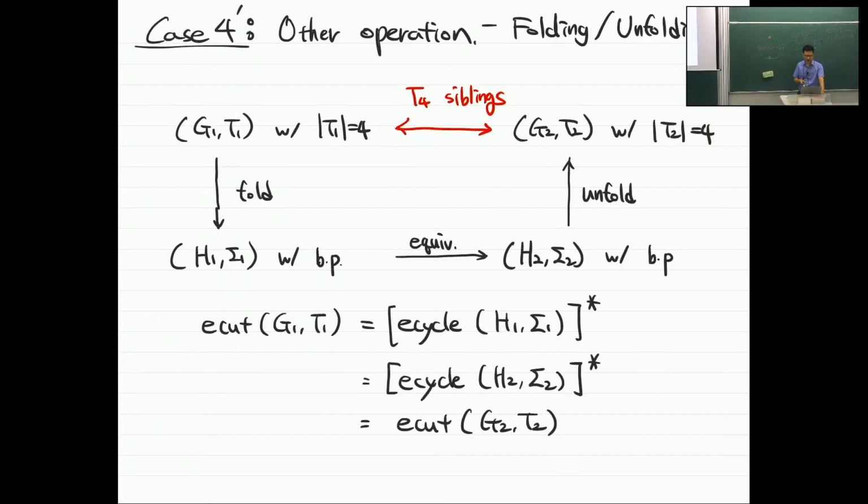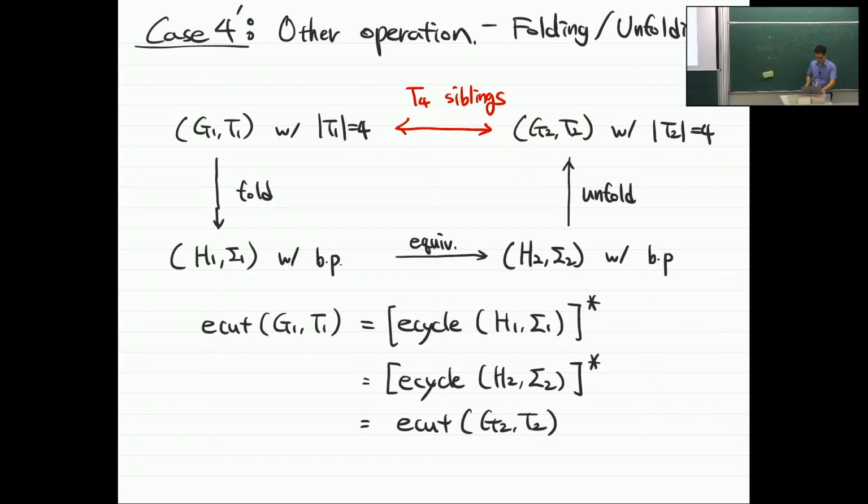And for this one, we call this pair T4 siblings, because the sizes of T1 and T2 are 4. So we have 5 operations. One case is G1 and G2 are equivalent, and case 3 and case 3 prime are graphic siblings and co-graphic siblings. And for case 4 and case 4 prime, we have blocking pair siblings and T4 siblings.